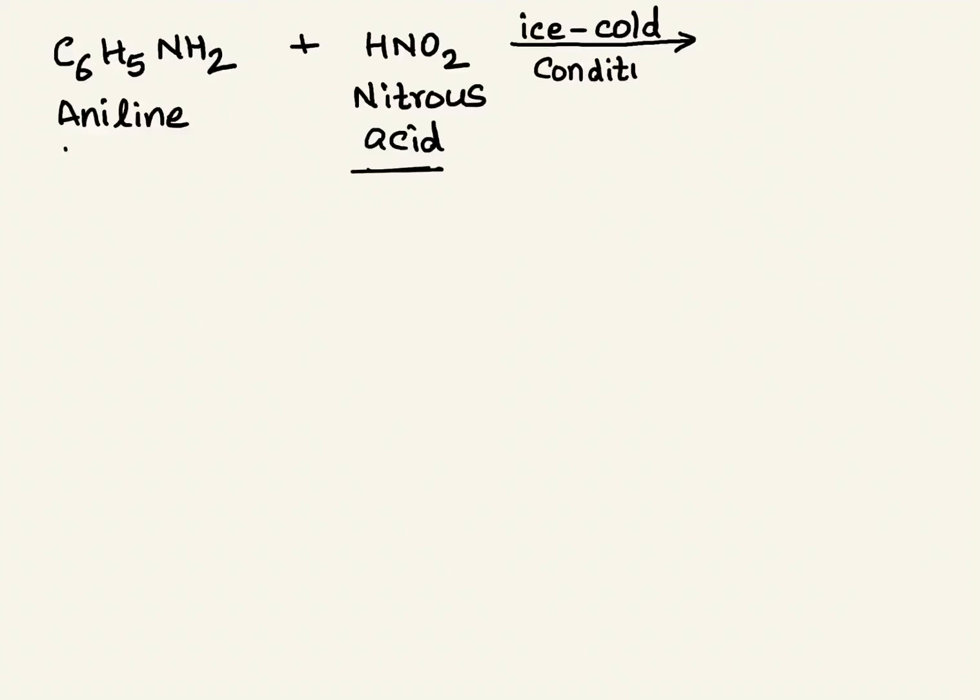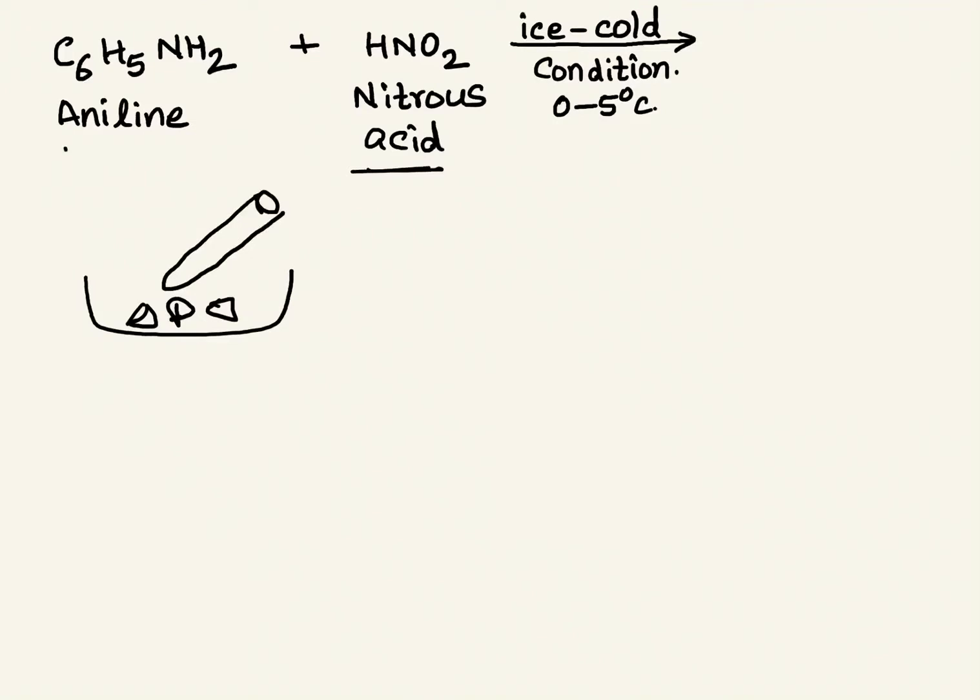When you carry out this reaction in the laboratory, your teacher will provide you with ice separately in order to place in the dish so that you can cool your test tube while carrying out this reaction, right? So, this gives us the product C6H5N2+ Cl-. It's called benzene diazonium chloride plus, of course, water.